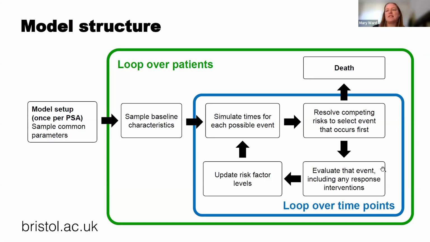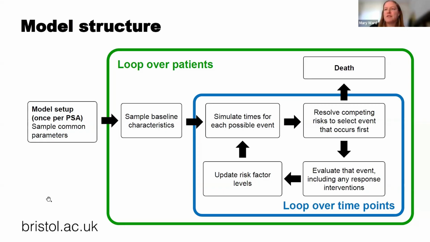We then evaluate that event, including any response interventions, for example, a medication or a lifestyle change. And these would then be affecting the alphas and betas in the linear mixed effects model, so those trajectories then change. And then we update our risk factor levels for that patient at that time point, and then go around again simulating times for each possible event.